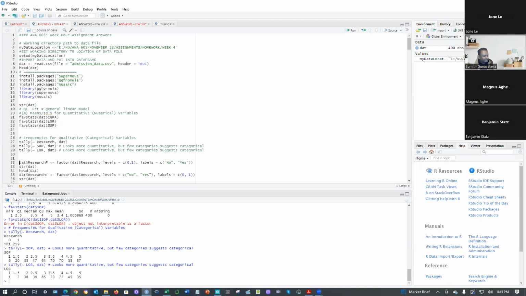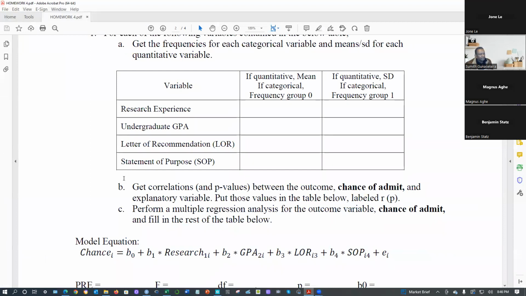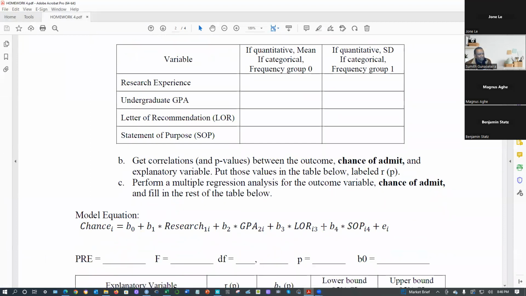Multiple regression: if you have one variable, it's simple linear regression.